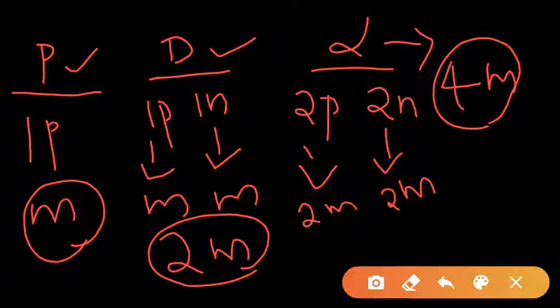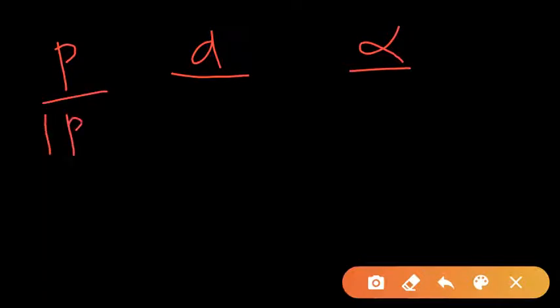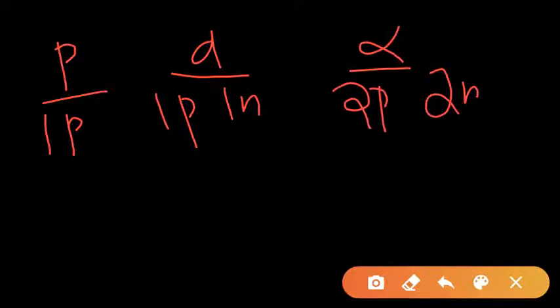Next, let us find charge for each particle. For proton, deuteron, alpha particle. It consists of one proton and one neutron, two protons, two neutrons. Charge of a proton is plus e. Here, charge of one proton is plus e.